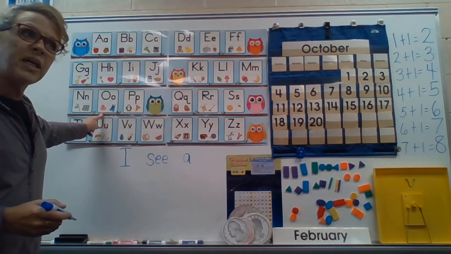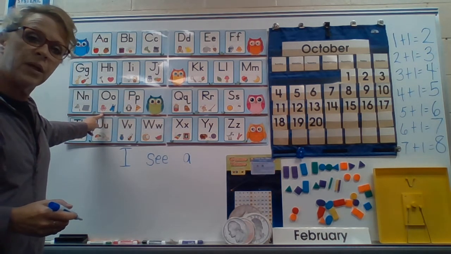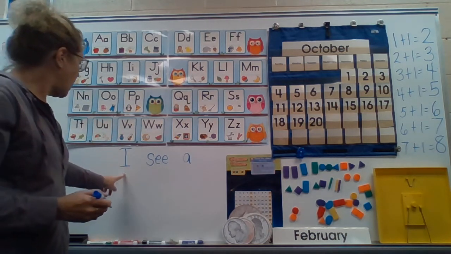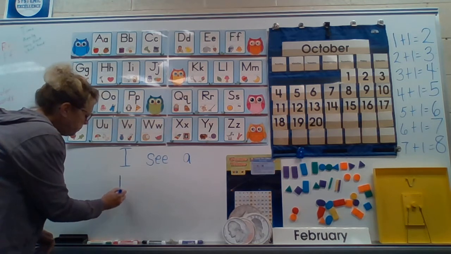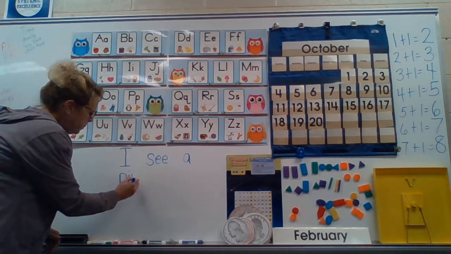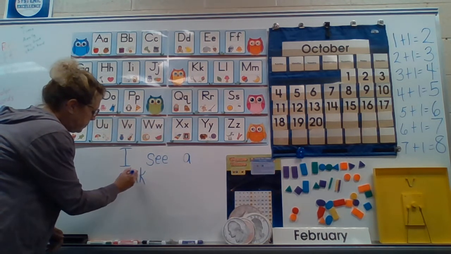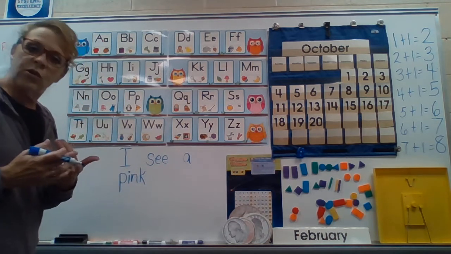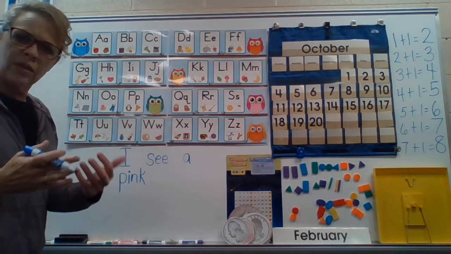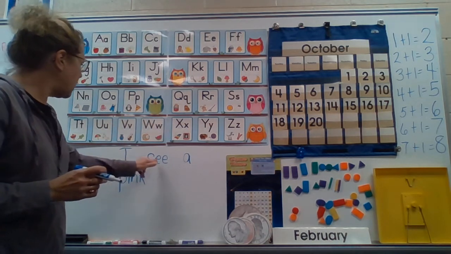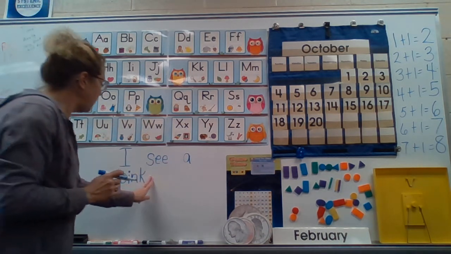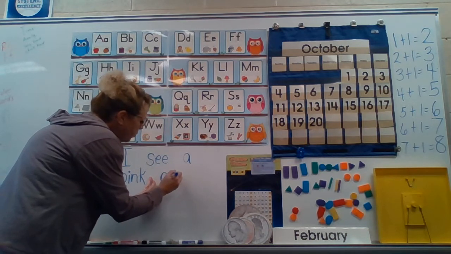What does pink start with? P. I see a pink, and then I'm going to use that short O sound at the beginning of octopus, right? I see a pink octopus.